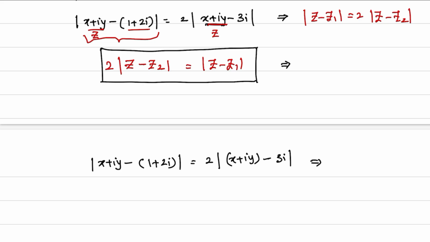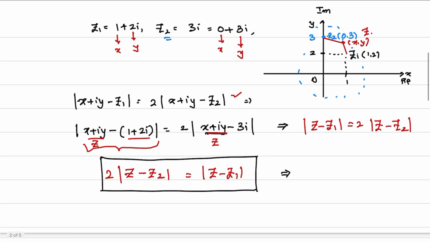Now what happens? Modulus of x, I will take real numbers together, plus i into y minus 2. We can write it like this: x minus 1 plus i into y minus 2.